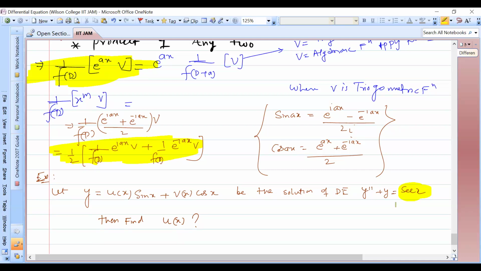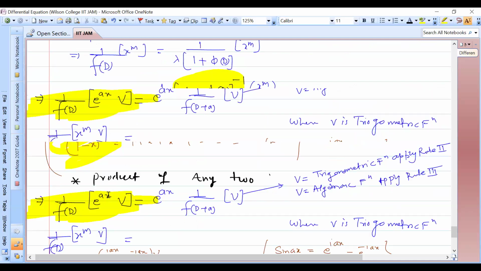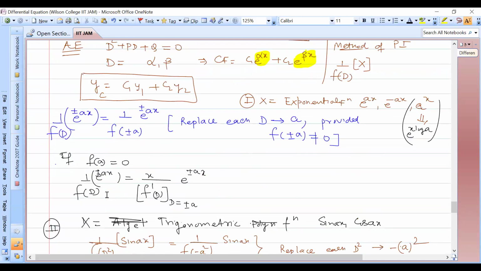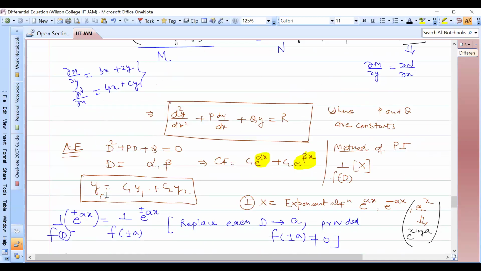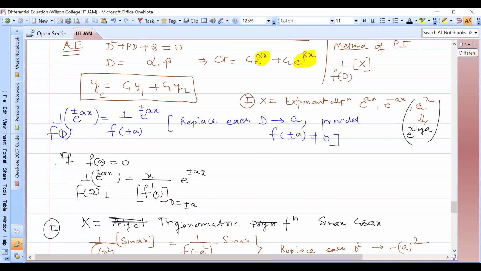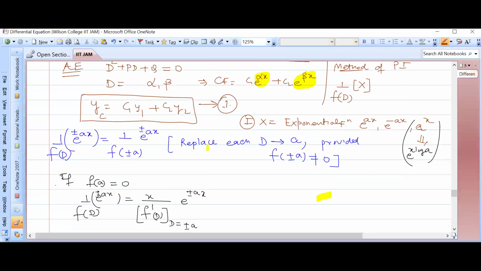Yes, sir. Okay. So please recall this equation. I think everyone can recall this.